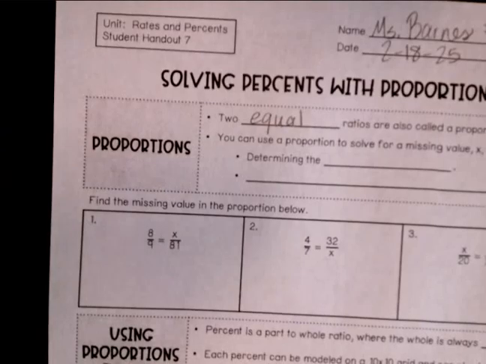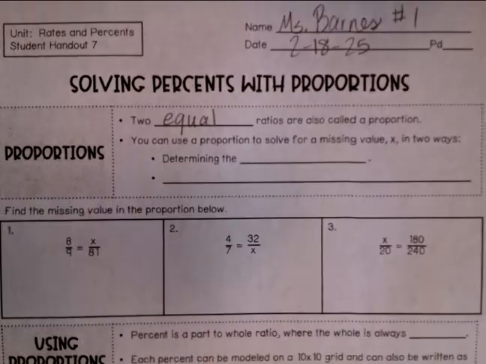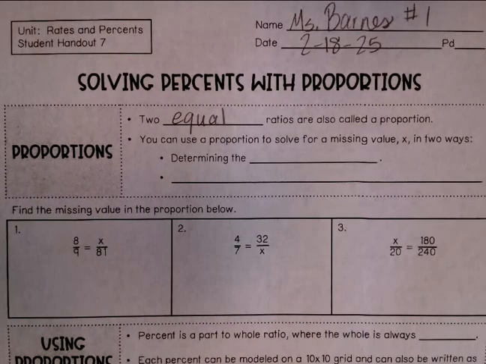So why am I introducing this new word, proportion? Because in math, the academic term proportion is one that you're going to see a lot more than ratio. Remember, a ratio is used to compare two quantities.